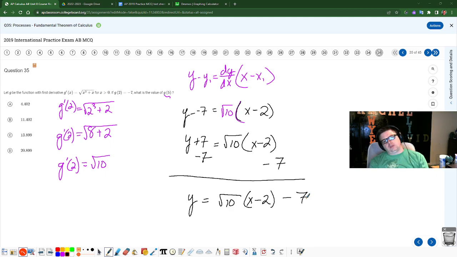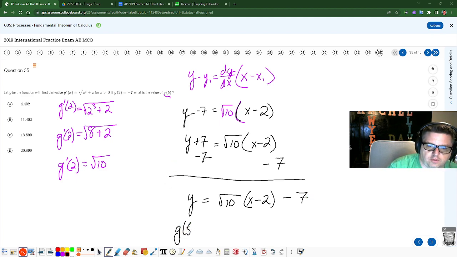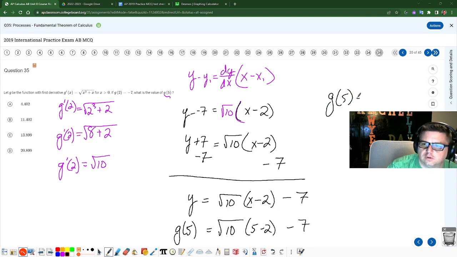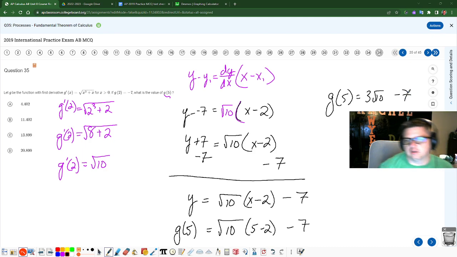All right, so what they want is they want this at a value of 5. So what we're going to do is take that, do 5, take away 2, minus 7. So this would be 3 times the square root of 10. And then we're going to subtract 7 from it.